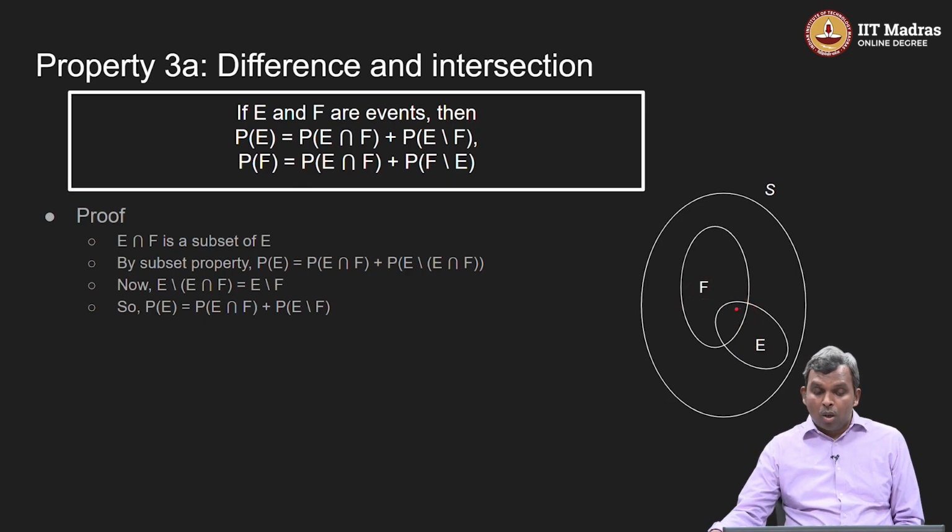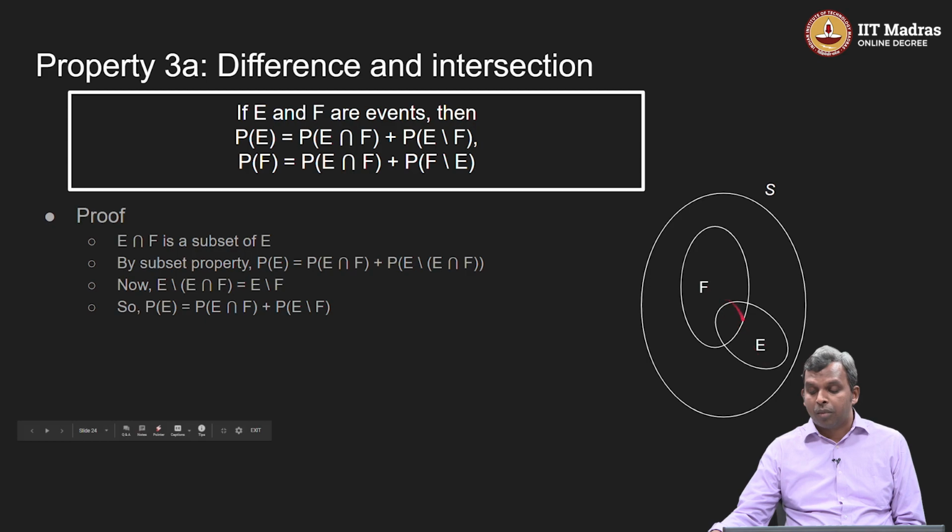Okay. So now what you can do here is you can look at E intersect F. Notice this E intersect F, it's here, right? Even though E is not a subset of F, E intersect F is a subset of F. Okay. And likewise E intersect F is also a subset of E, but at least E intersect F is a subset of F. So that's the starting point for this proof, and you can see quite easily that P of E is going to be P of E intersect F plus P of E minus F. So E minus F is whatever is in E which is not in F, right?